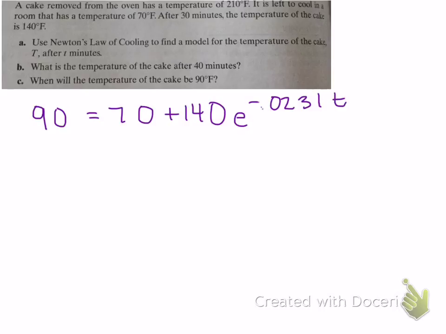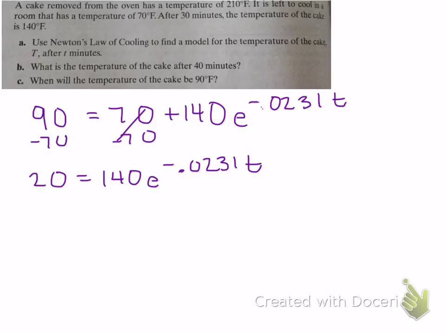Notice this one's not just calculator work. This one I have to actually solve for. So it's very similar to that first process. I subtract 70, so I get 20 equals 140 e to the negative 0.0231t. And I'll divide by 140.